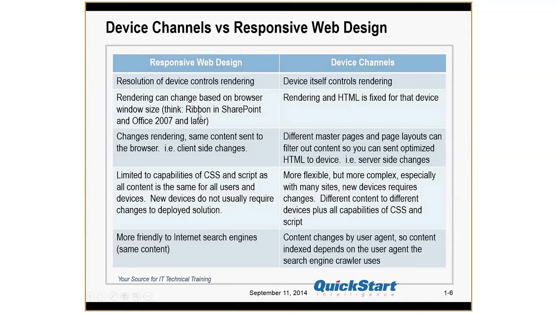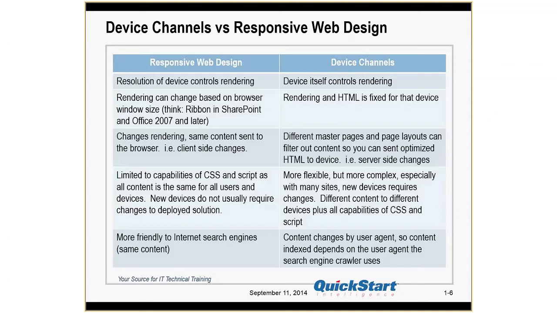An example of responsive web design is the ribbon in SharePoint itself, where based on the size of your browser window, specifically the horizontal width, the ribbon will render differently. It'll collapse large icons into small icons. It'll start hiding the text, so you have to hover the mouse over that item to get the tooltip.